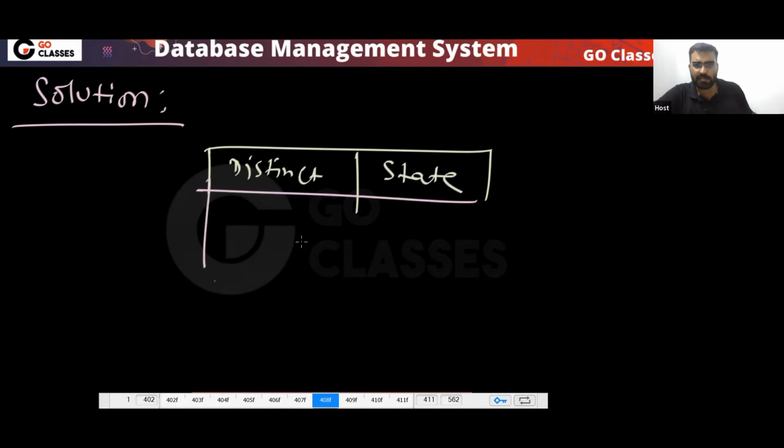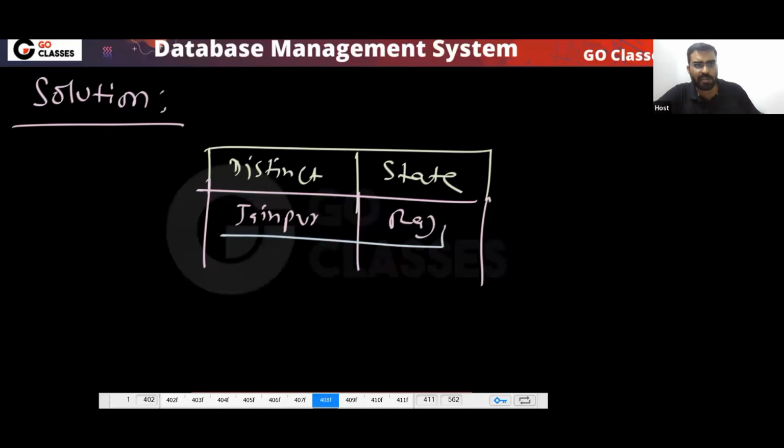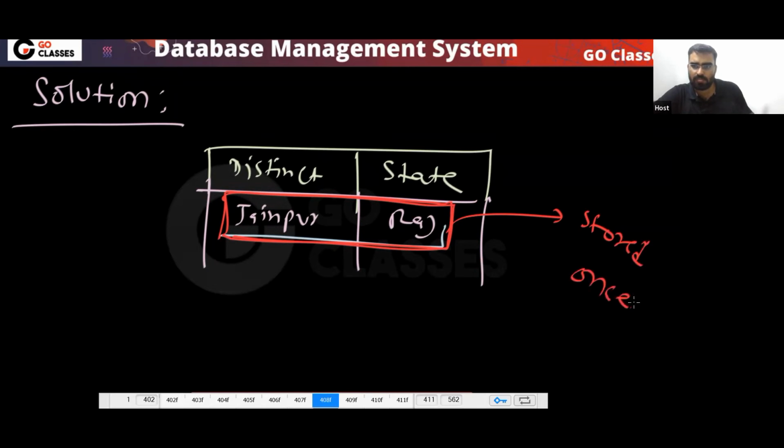Now there will be no such redundancy. Now it will come only once. You will store this data only one time. Correct? Okay, so like this.